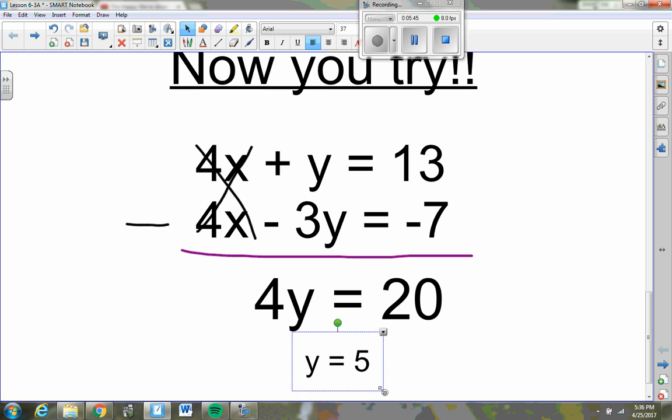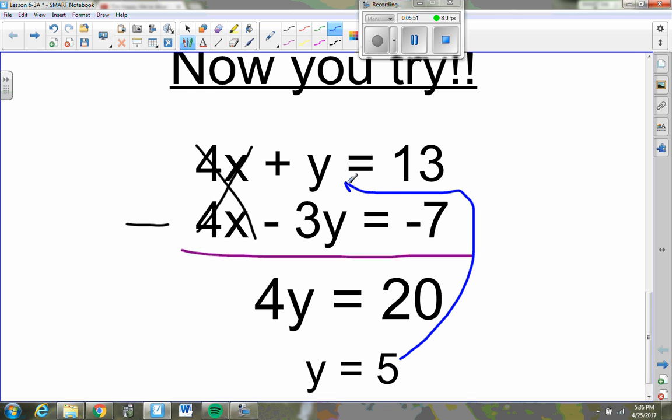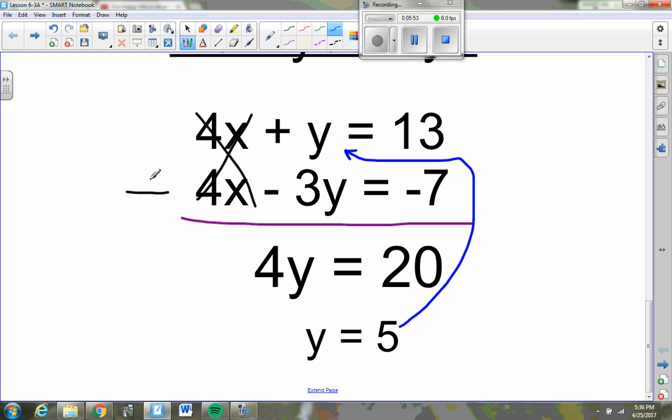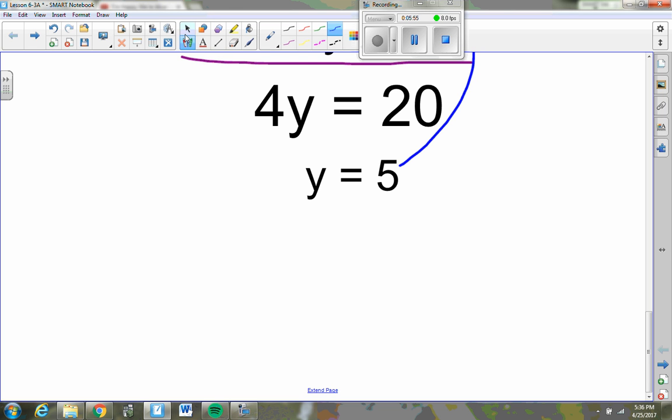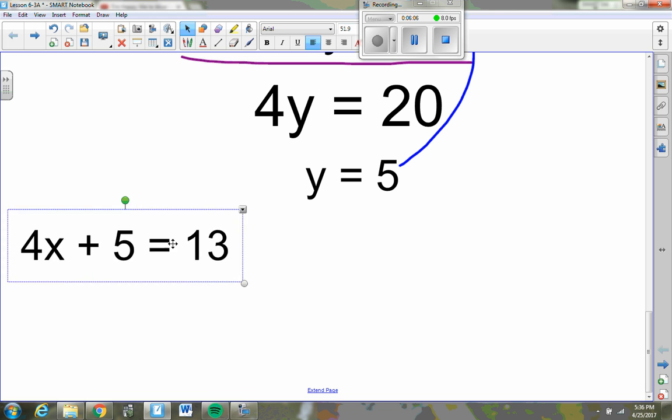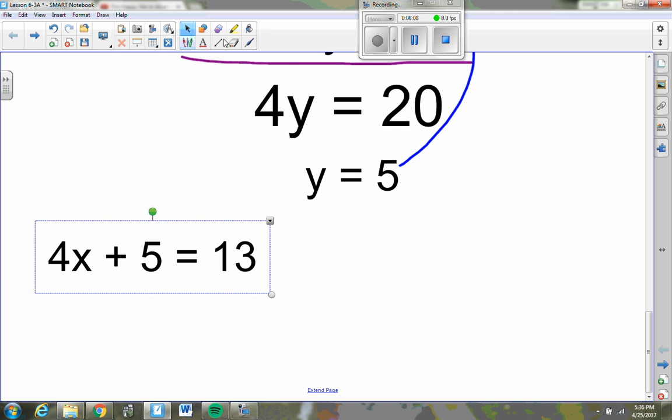Right? And if y is equal to 5, I want to figure out what x is equal to, so I will take the 5, put it back in there, and what I end up with is 4x plus 5 equals 13. And then I just need to solve this for x. So I will subtract 5 on both sides.